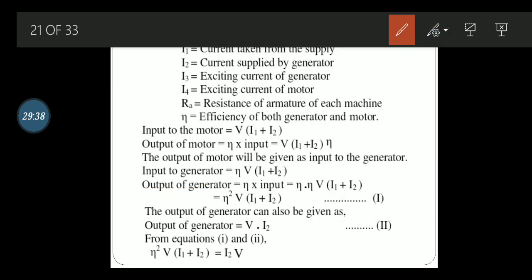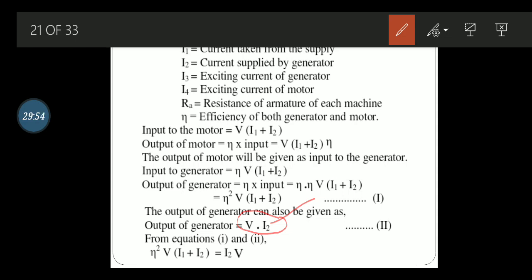Now the output of the generator can also be written as the product of the supply voltage, that is V, and the generator terminal current, that is I2.